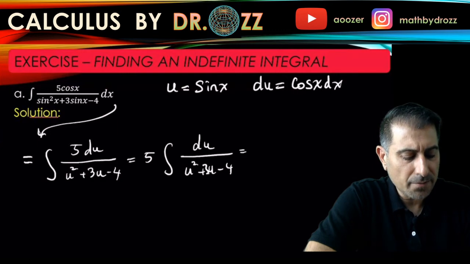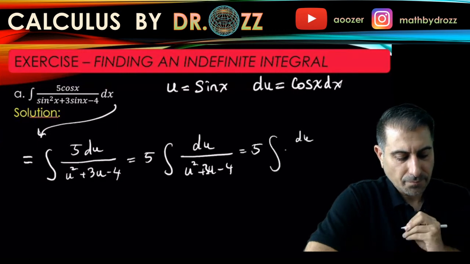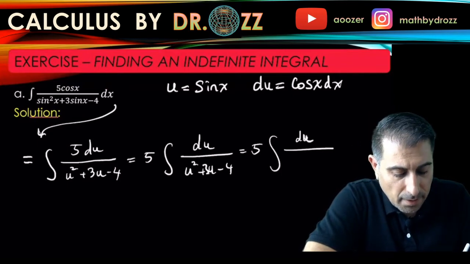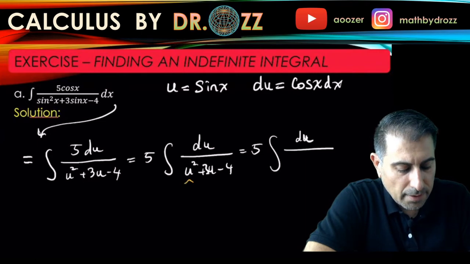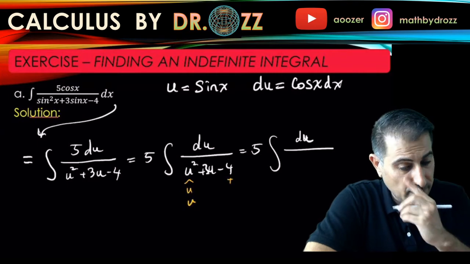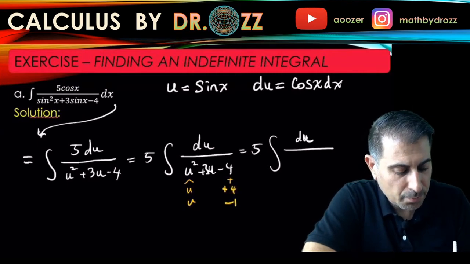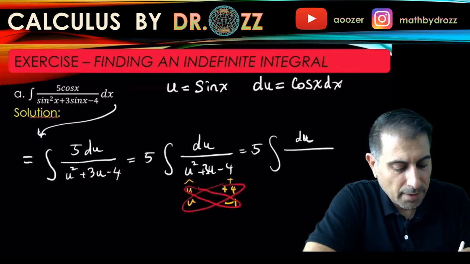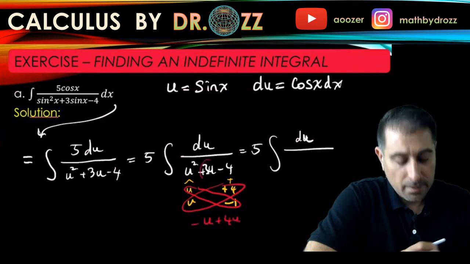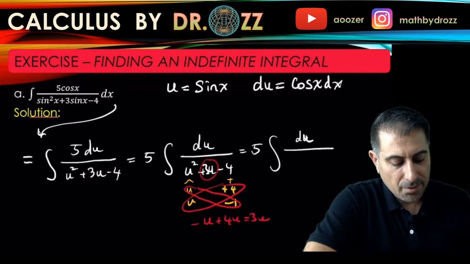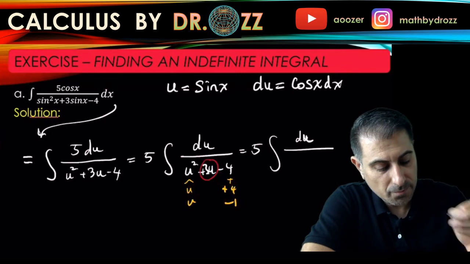So this is 5 du divided by, the way I did earlier in earlier videos, I'm going to factor this as u plus 4 and u minus 1, so that the cross products added, minus u plus 4u, give this middle term, 3u. So this way I have the right factorization, right? u plus 4, and u minus 1. So this is my way.